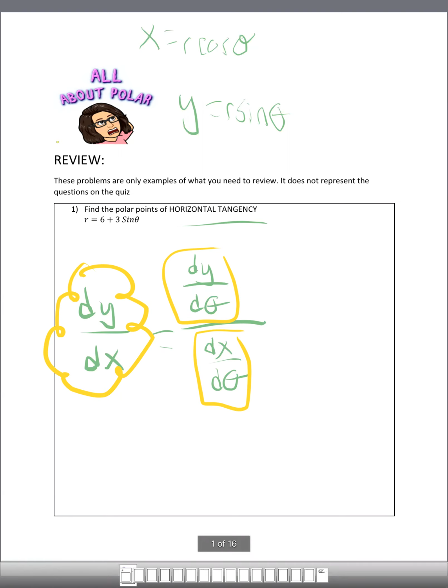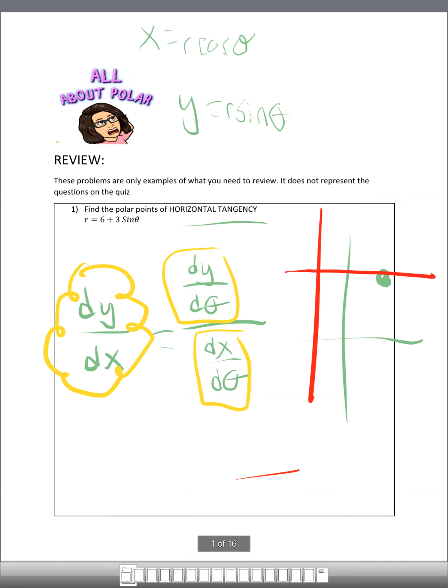So find the polar points of horizontal tangency. If you remember from AB, whenever a point has a horizontal tangent line, like let's say the point is this, and the tangent line is what I'm drawing in red, it has a slope of 0. It's just horizontal. When it's vertical, obviously it's a vertical line.